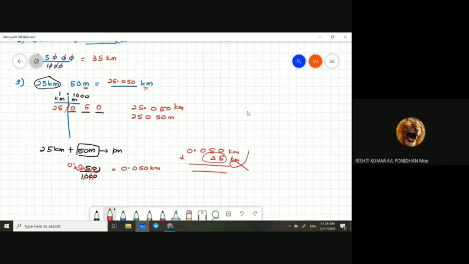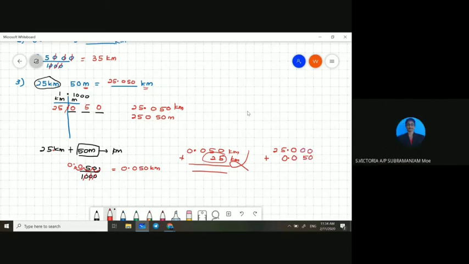All the numbers have their own decimal point at the end of the number. So this 25 has its decimal point: 25.0. This is the correct method, and the decimal points must be in a straight line. Make sure you don't forget, as we learned in the decimal topic, you must write the decimals in a straight line.